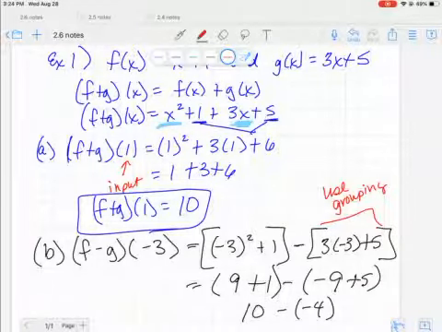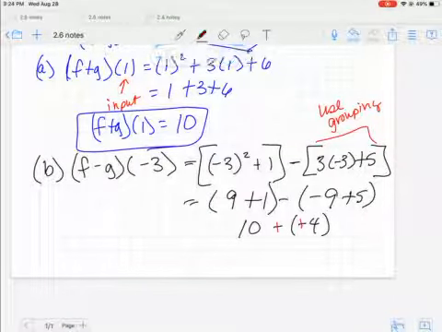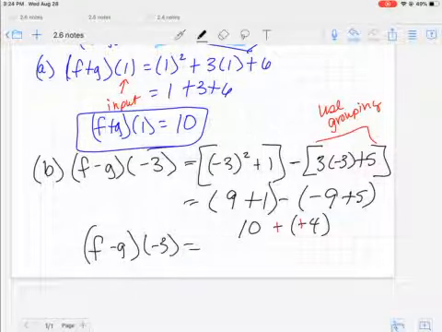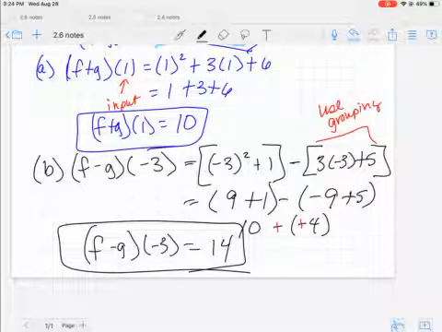Whenever you subtract a negative, you add the opposite. So my value here of (f minus g)(negative 3) is actually 14. So you're just plugging values in, right? That's the whole moral of the story. I'm just plugging in these values, and then we come up with what it is there.